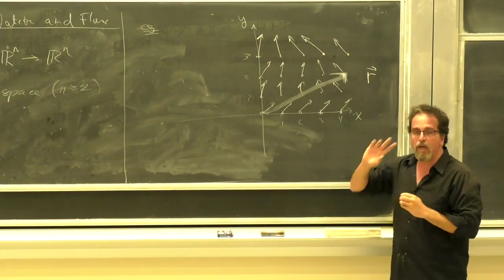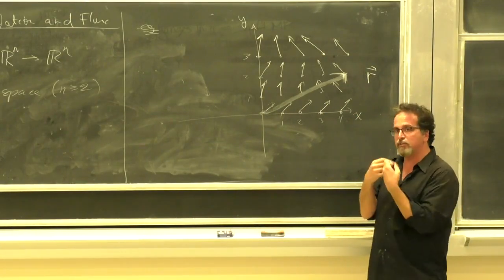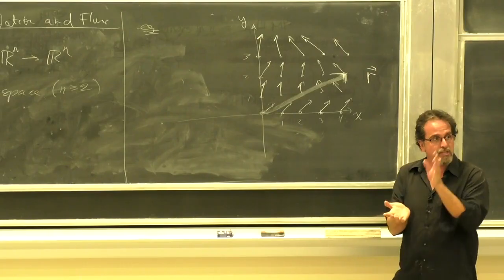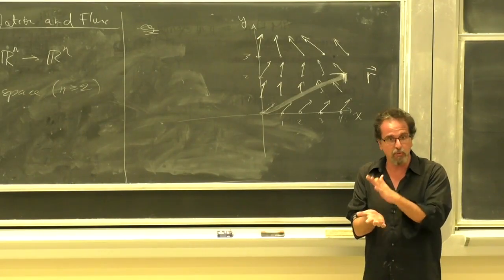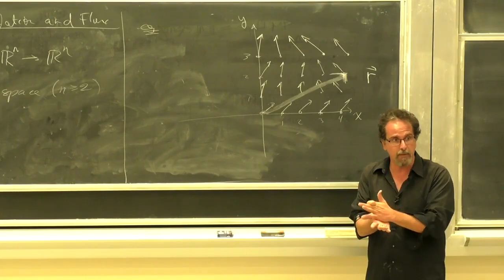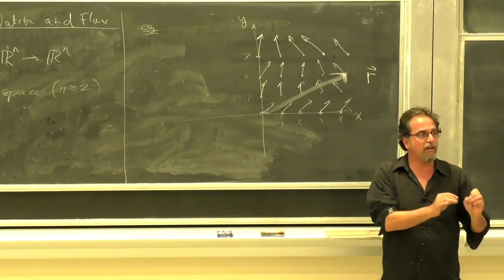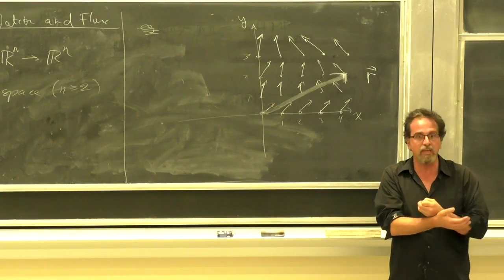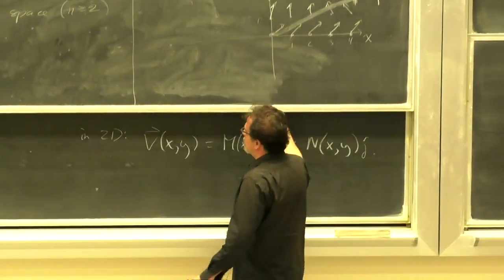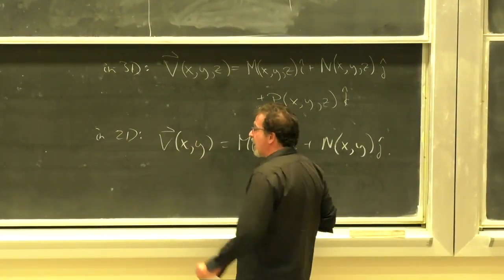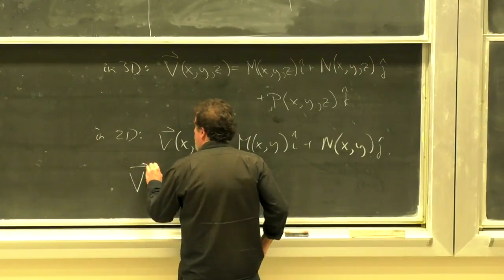So now I want you to distinguish between a vector field, which is 3 numbers at every point in space, the 3 components of a vector at every point in space, and the vector, which is the position vector from the origin to a given point. Often this vector field, I will write v of r.